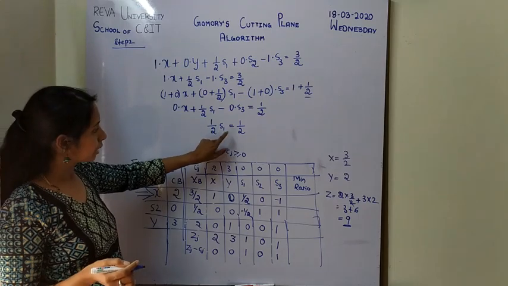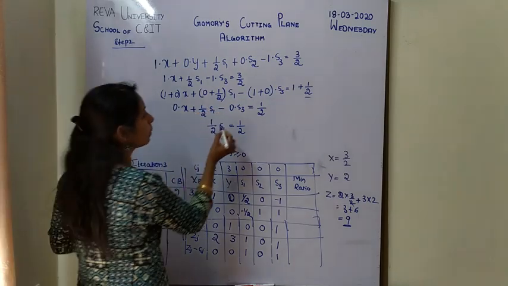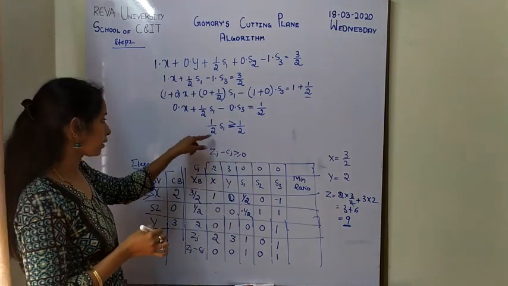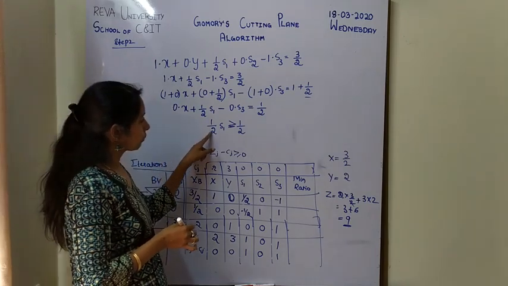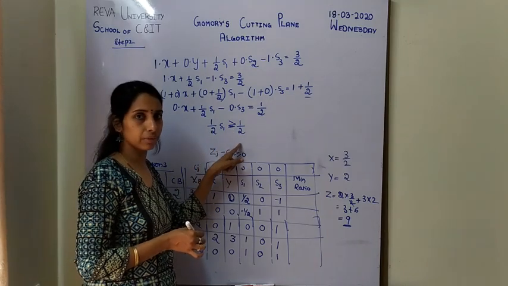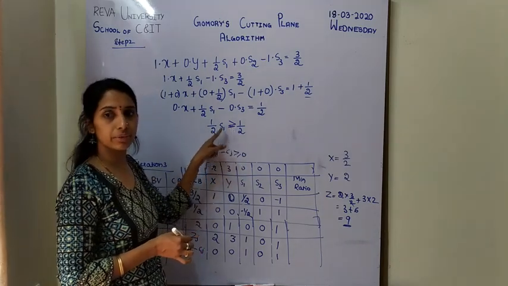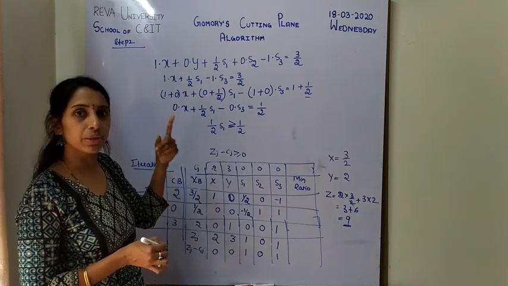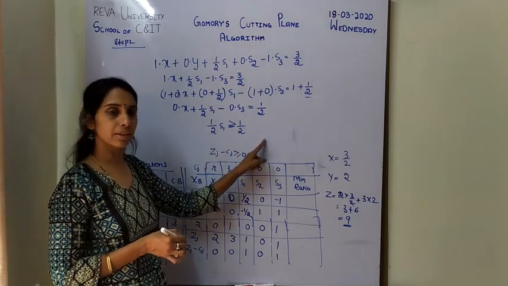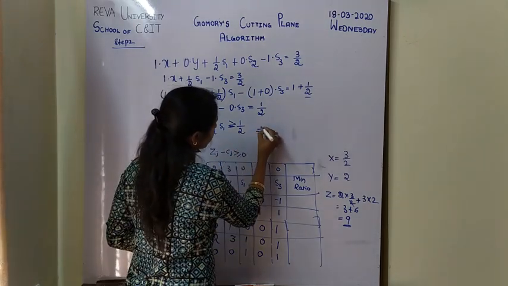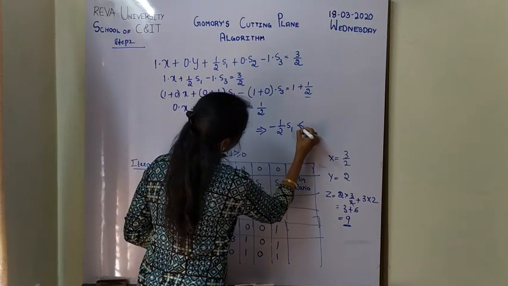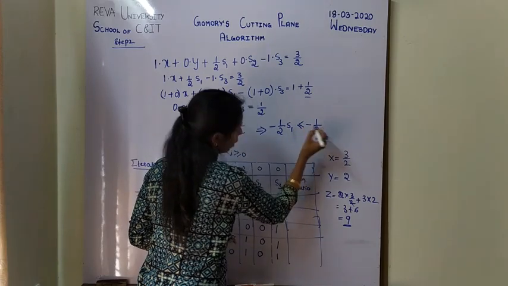So since this part has greater value, we'll be converting this into greater than or equal. Now for the maximization, the symbol should always be less than or equal. So to convert from greater than or equal to less than or equal, what you have to do? You have to multiply by -1 both the RHS and the LHS. So this becomes minus half into s1 less than or equal to minus half.